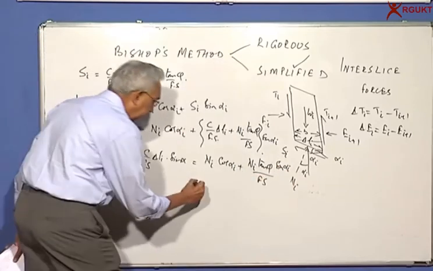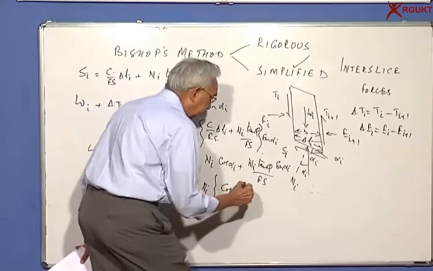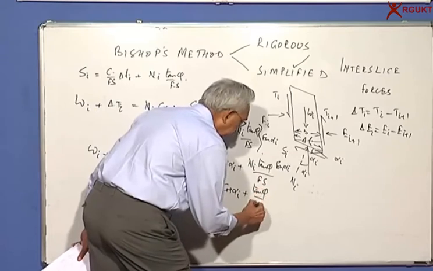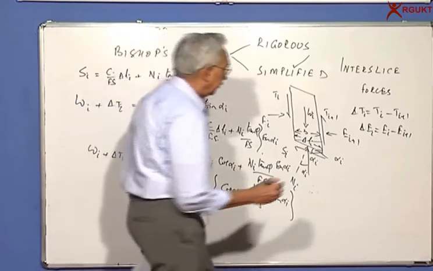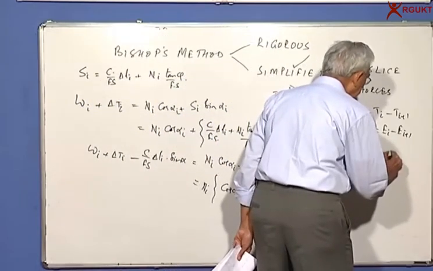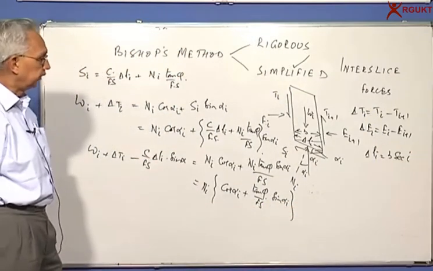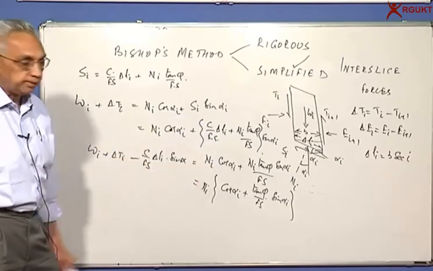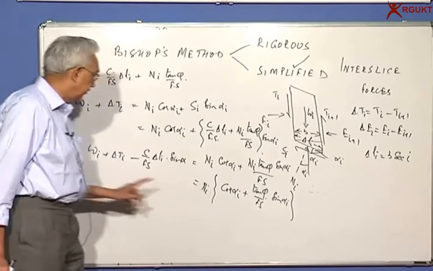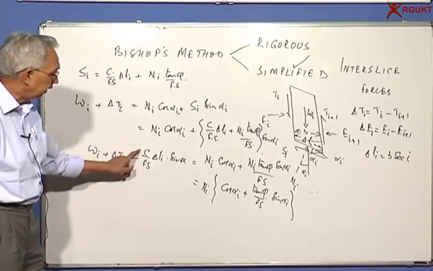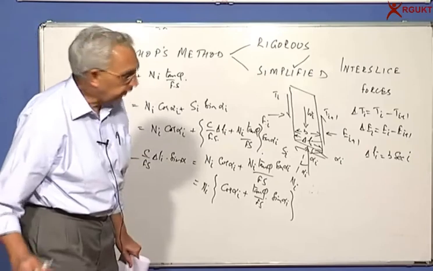Or you can take Ni out, it will be equal to cos alpha i plus tan phi by factor of safety into sin alpha i. And you can substitute if you want delta Li is equal to b secant alpha i. So it doesn't matter, it's just a simple substitution. You can calculate separately or substitute that. Now you find this force Ni is a function of Wi, Ti, and even the strength mobilized. That is how we get the iterative or the uniqueness of this approach.